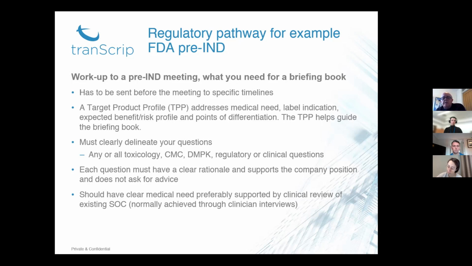And the TPP effectively helps you write the briefing book, because everything that pertains to the TPP should be set out in the briefing book so that the regulatory authorities can understand what you've got, where you're going, and what you expect to do in the plan.